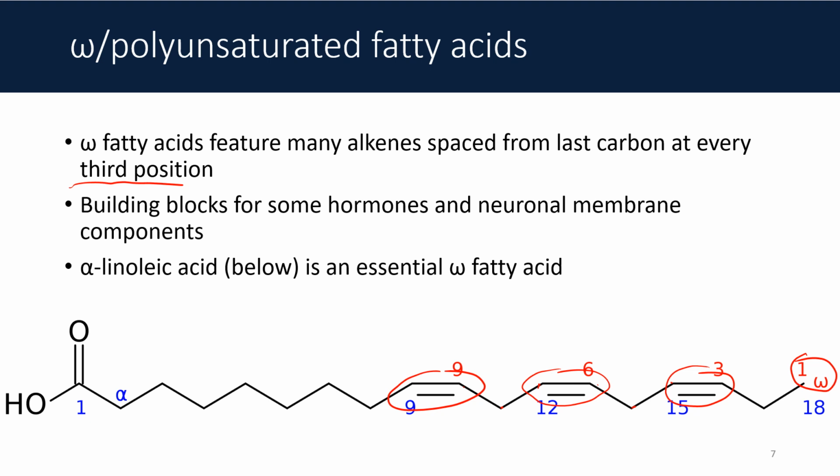Why are omega or polyunsaturated fatty acids so important? Well, it's because animals actually struggle to make these. We often lack the enzymes necessary to do so. And we need these polyunsaturated omega fatty acids to make many essential hormones or neuronal membrane components. That's why we say they're good for your brain, right?